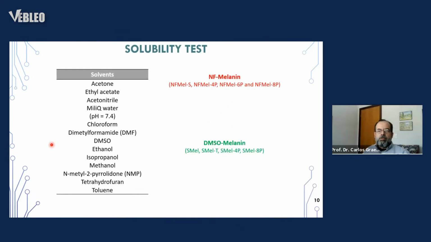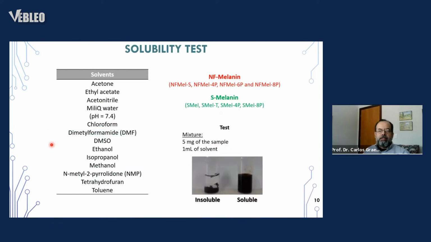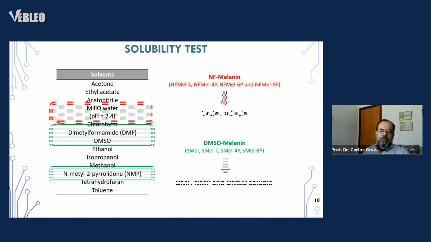Okay. Concerning solubility tests, we find that the non-functionalized or water-made melanin is quite insoluble, but with the DMSO-made melanin, it's better. You can see it even with your eyes. You don't need special equipment to see that the material precipitates if you put it in common solvents.